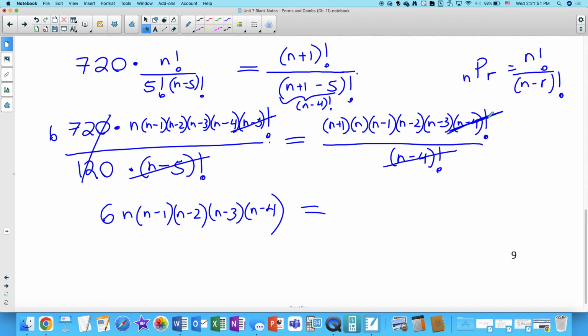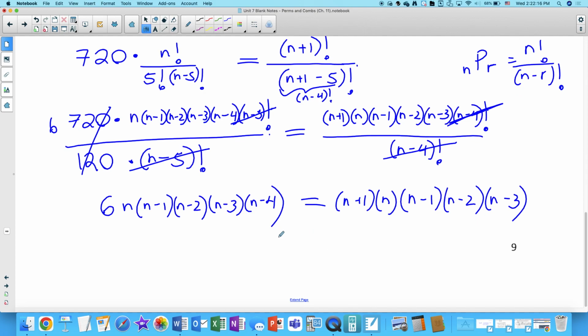So I have n plus 1 times n minus 1 times n minus 2 times n minus 3. Okay. And what I notice is that at this point on the left side and the right side, I have a bunch of common factors. And so what I'm going to do is divide both sides by all the common factors. So there's a common factor of n on both sides, n minus 1, n minus 2, and n minus 3. That's sort of the overlap.